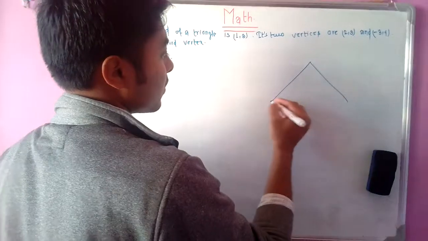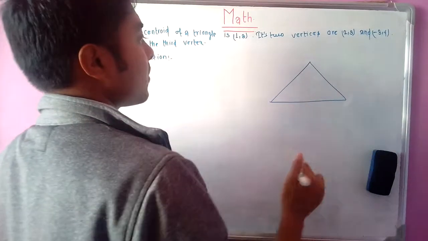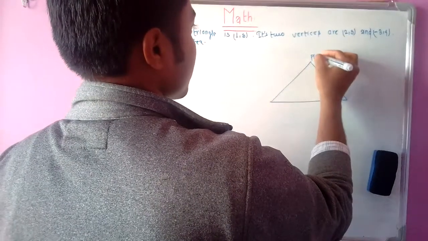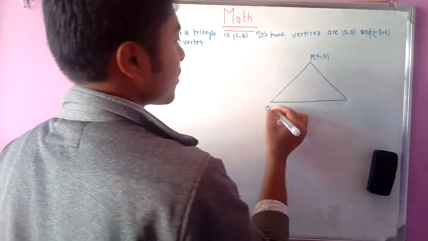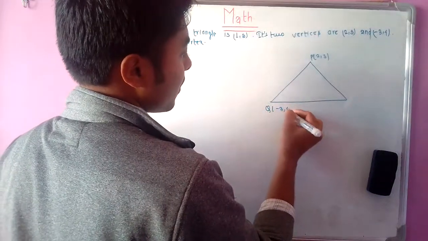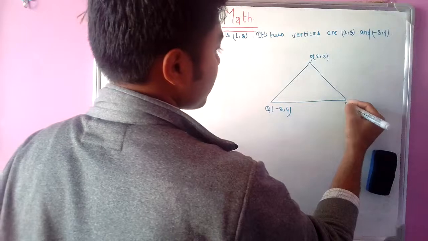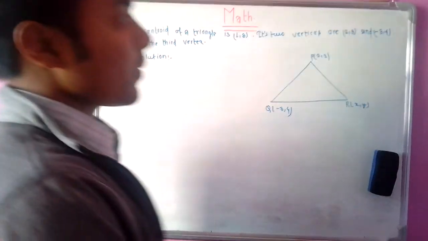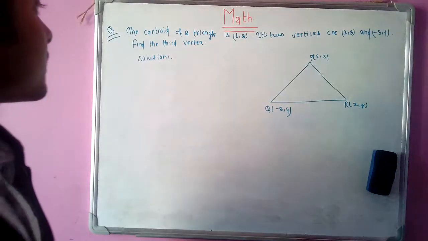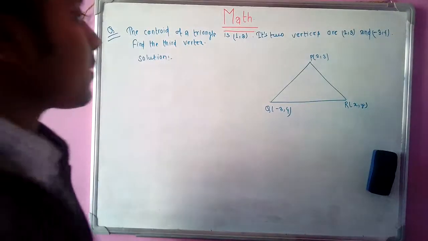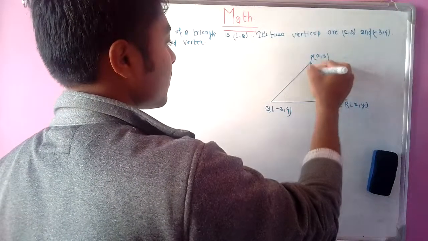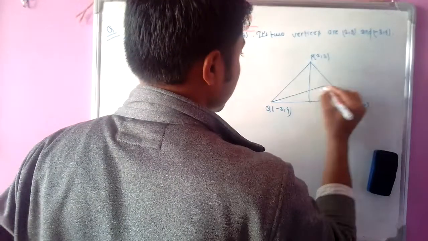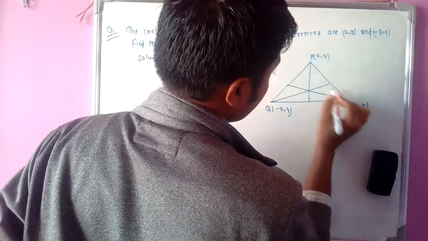So at first we look at the given. Let P is equal to (2, 3), Q is equal to (-3, 4), and R is equal to (x, y), which is not given and which we have to find. And we are given the centroid of the triangle.